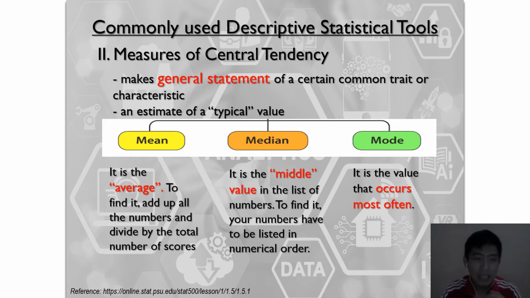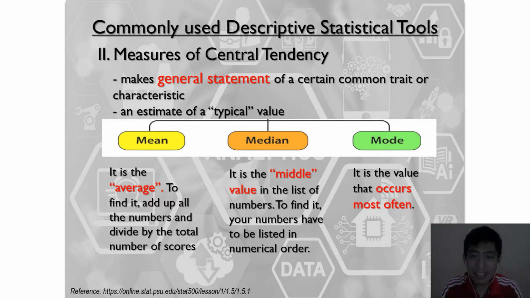The mean is the average, found by adding up all the numbers and dividing by the total number of scores. The median is the middle value in a list of numbers; your numbers have to be listed in numerical order. And the mode is the value that occurs most often.